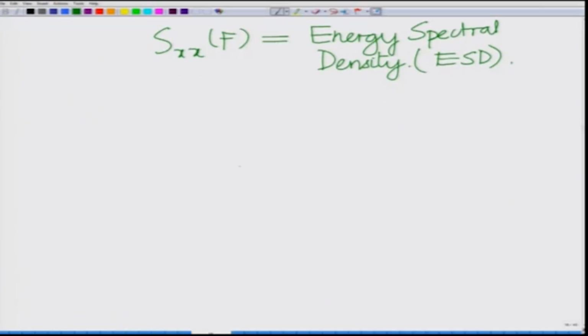Okay. So, let us look at an example to understand this, that is, an example of autocorrelation. Let us look at a simple example of the autocorrelation function.